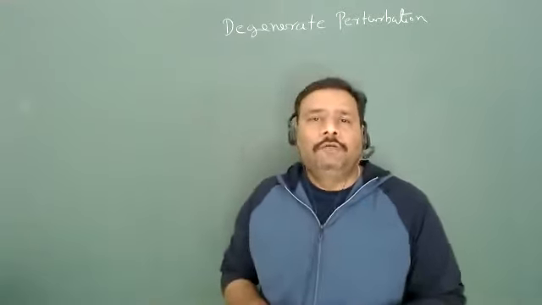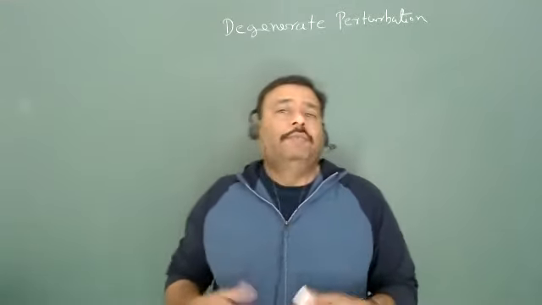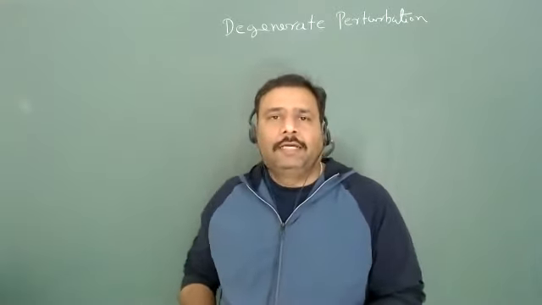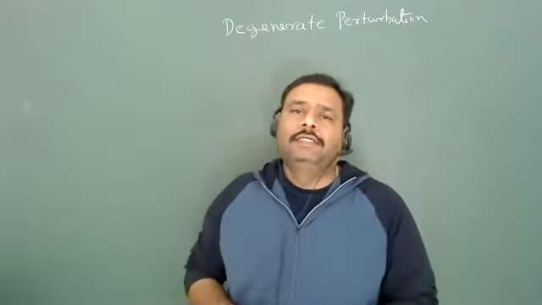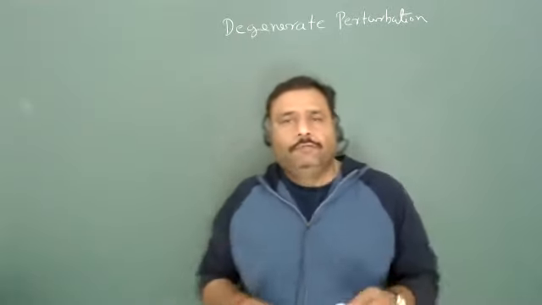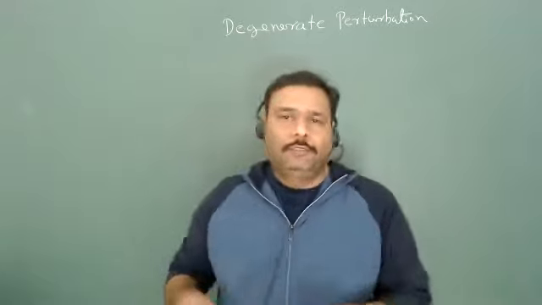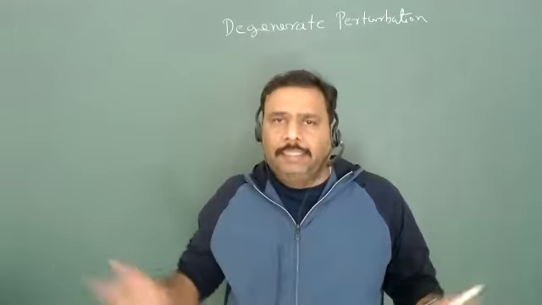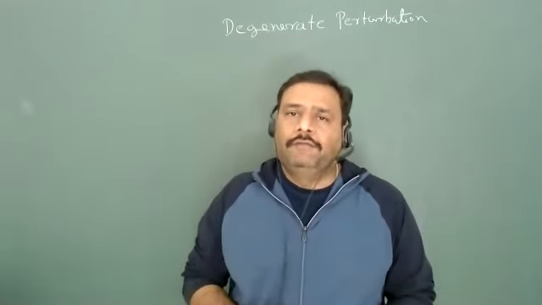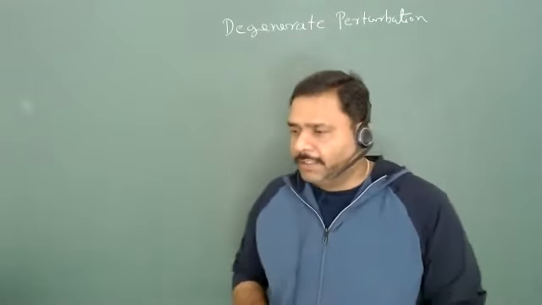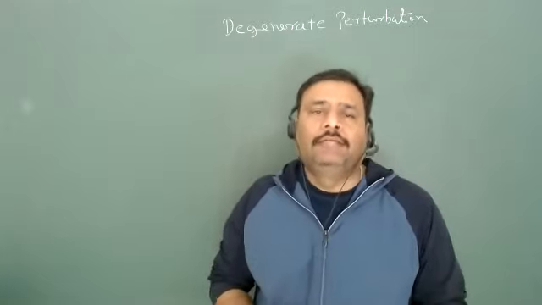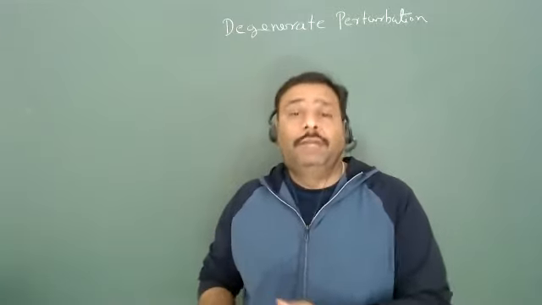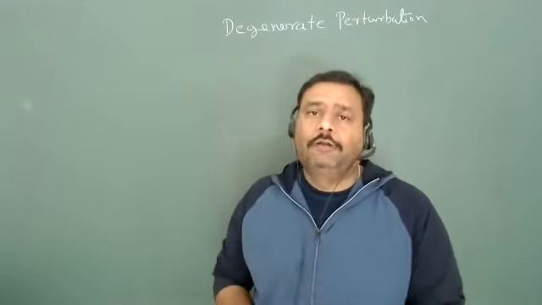It may be that W dash can be diagonalized, or it may be that it cannot. If W dash is not diagonal, we have to diagonalize W dash again. Then we have diagonalized the original Hamiltonian and our perturbed Hamiltonian, and then we can easily write the eigenvalues at least. This is a very interesting way of using matrices in quantum mechanics.